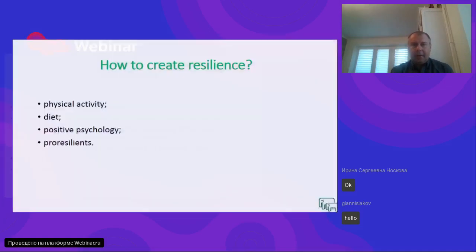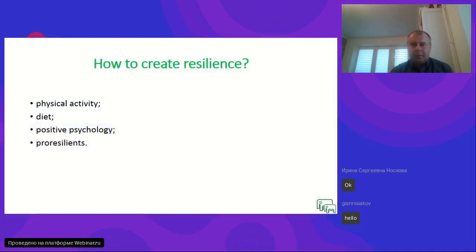And the main principles, how can we create resilience and a good level of health and successful aging? These are four principles: normal physical activity, good and proper nutrition, a good diet, positive psychology, and so-called pro-resilience. These are special supplements, including peptides, which can allow us to reach better resilience in a complex of these factors.